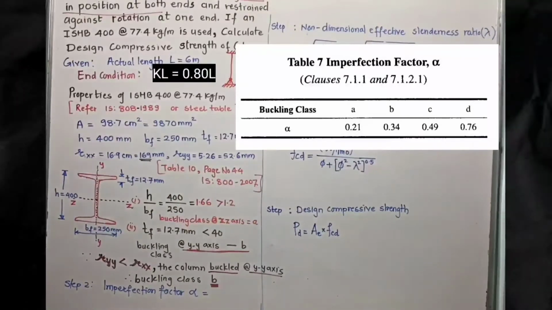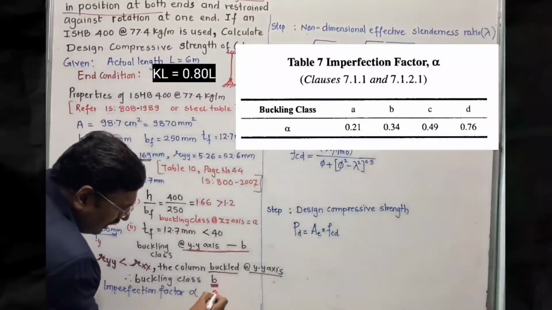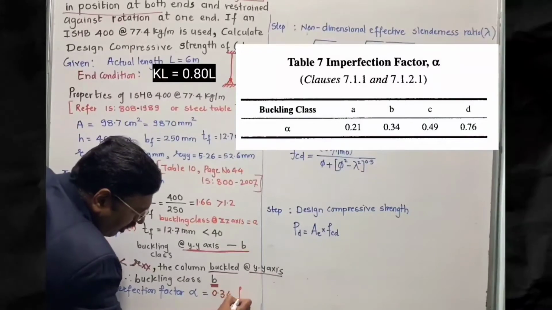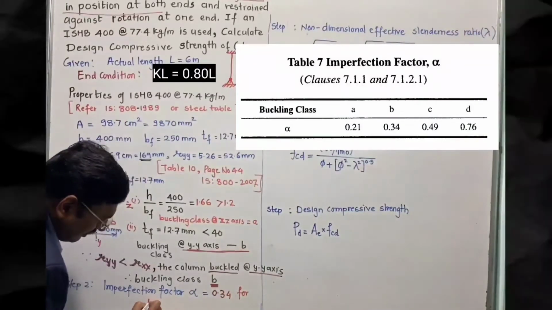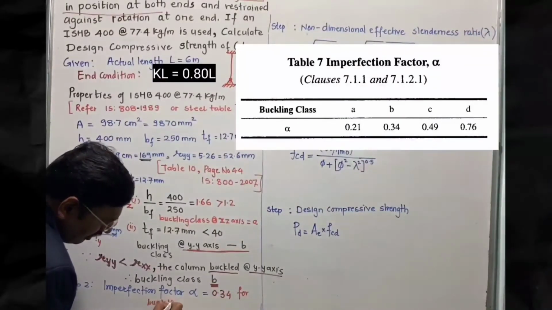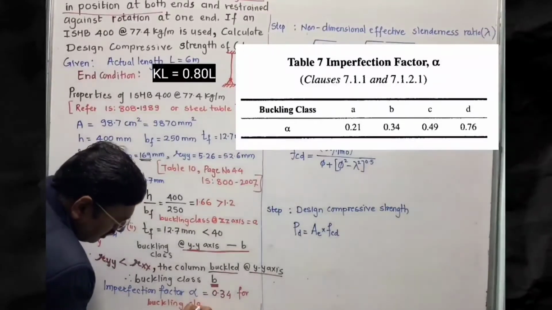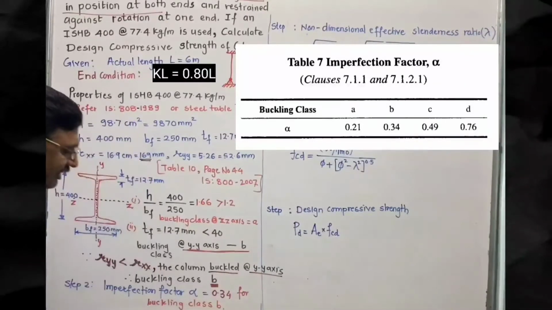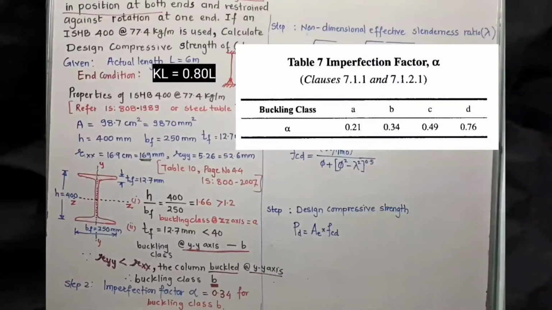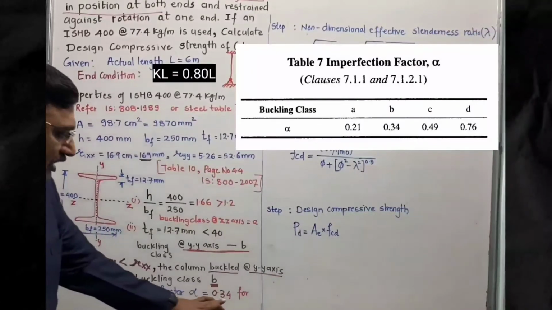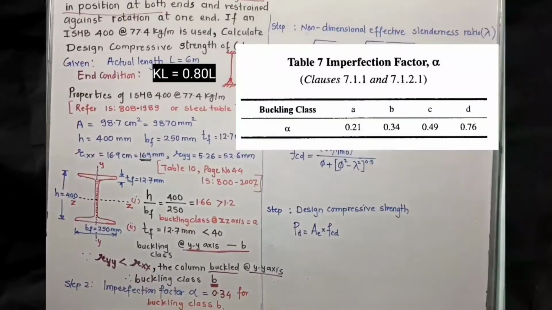The value of alpha is 0.34 for buckling class B. So like this we can calculate the imperfection factor alpha, 0.34 for buckling class B.